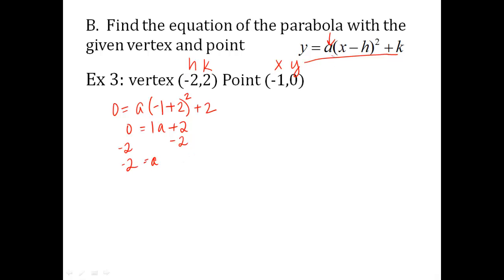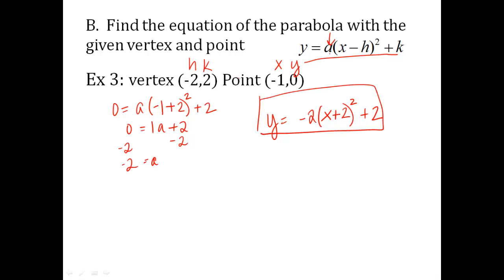Now I know the a value of the equation, so my final answer is going to have the x and the y in it. It's y equals negative 2 times (x minus h, so it becomes a plus 2) squared plus k, which was a 2. On these problems, you are using the information they give you to find a and then putting it into standard form.